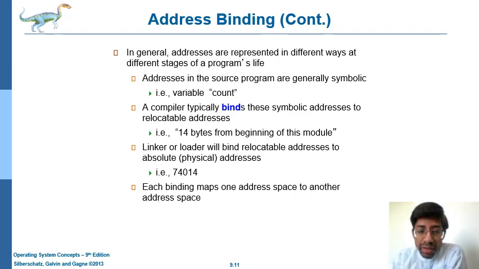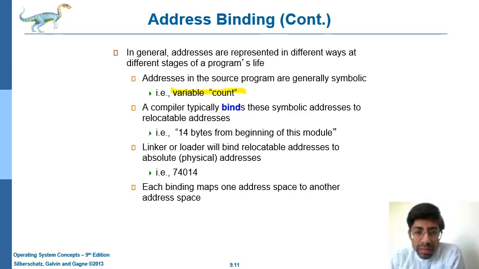For example, a variable count can be used to represent some memory location. The user will just access or manipulate this value with the help of the variable called count. Say count is equal to 0, count is equal to 100, count is equal to count minus 10, or count is equal to count plus 1, or count is used in read mode or write mode.